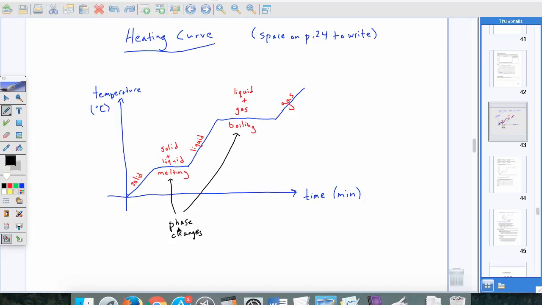So, here in the melting stage we have solid to liquid. Or in the boiling stage we have liquid turned into gas. And when the phase is changing, the temperature is not changing. Alright, temperature is not changing.